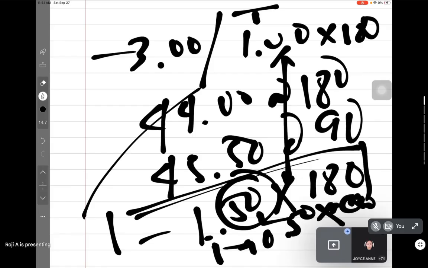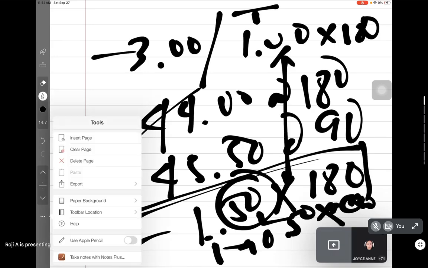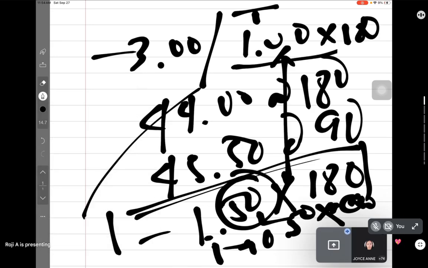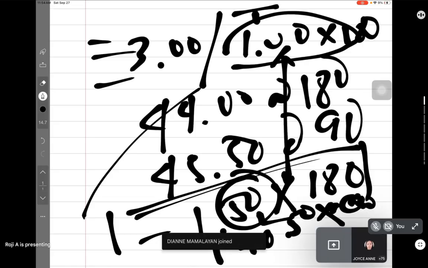So meaning to say, this is not purely corneal nor purely internal. This is a combination.